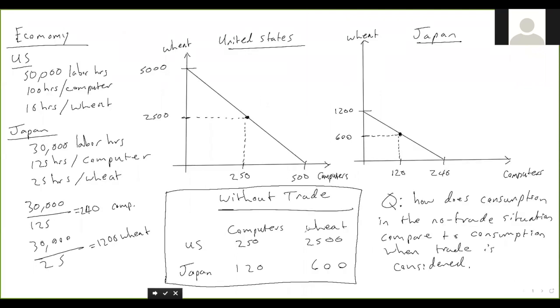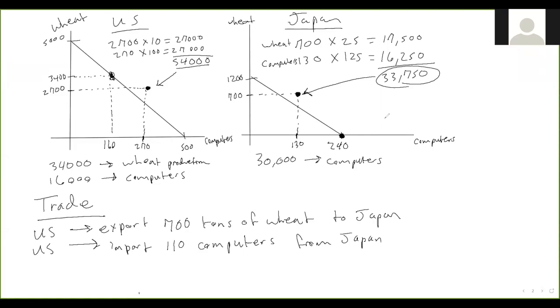So we know from the previous slide, the US was getting 250 computers, 2,500 tons of wheat. Japan was consuming 120 computers and 600 tons of wheat. And if we compare that to these values, we've got without trade, with trade, and we've got computers and wheat.